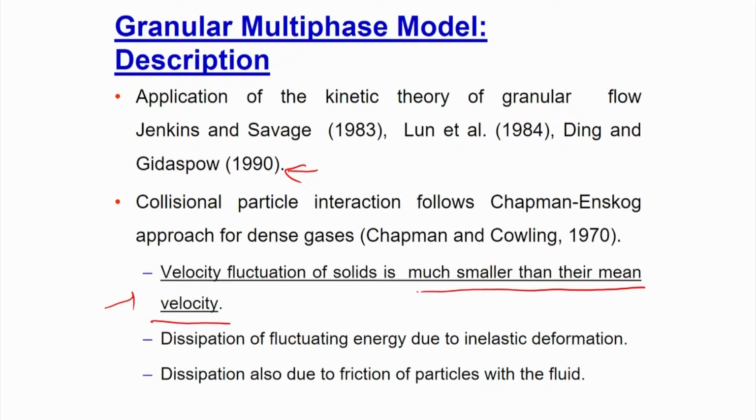If the flow is completely collision dominated and the mean velocity of the solid is much lower than the fluctuating velocity of the solid, maybe this model will not give you an accurate prediction. Why have I said this? Because of some of the beds, and we will discuss it when we discuss the binary fluidized bed, where you have a distribution of the particles, it is possible that the flow is actually collision dominated.